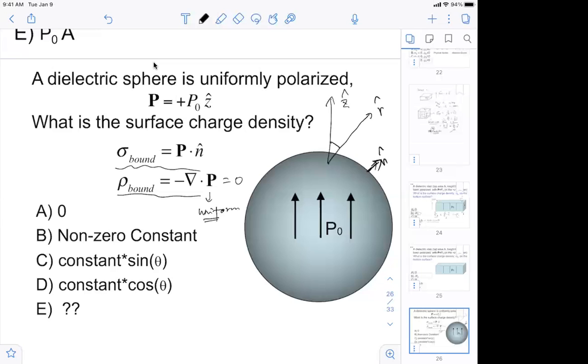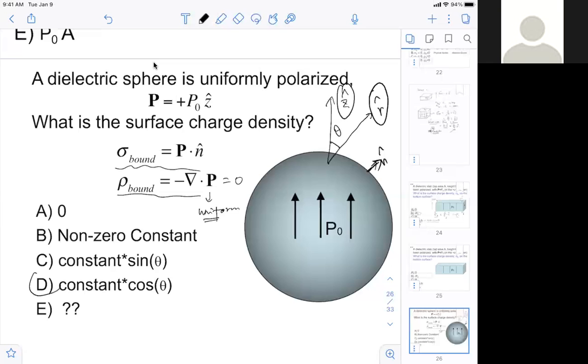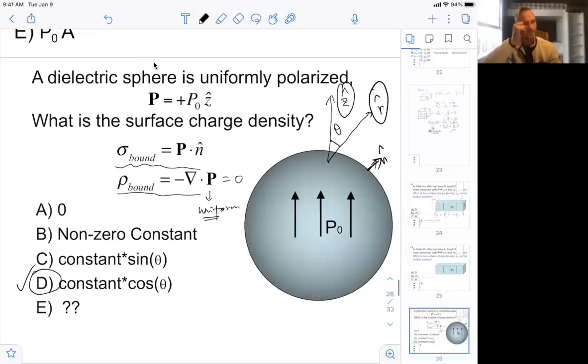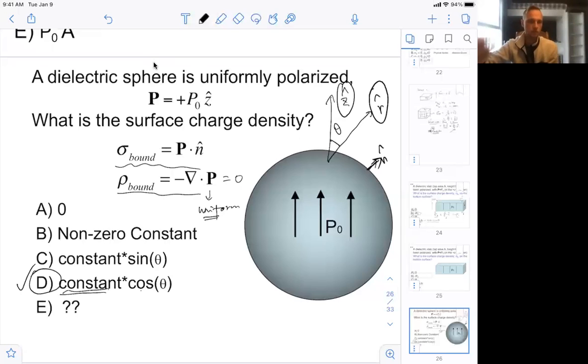The angle between them is measured in spherical coordinates, the angle measured down from the z axis, which is theta. So if you take the dot product between this and this, the angle between them is theta, and you are going to get a cosine theta, right? Which is correctly described by choice D. You're going to end up with some constant times cosine theta.